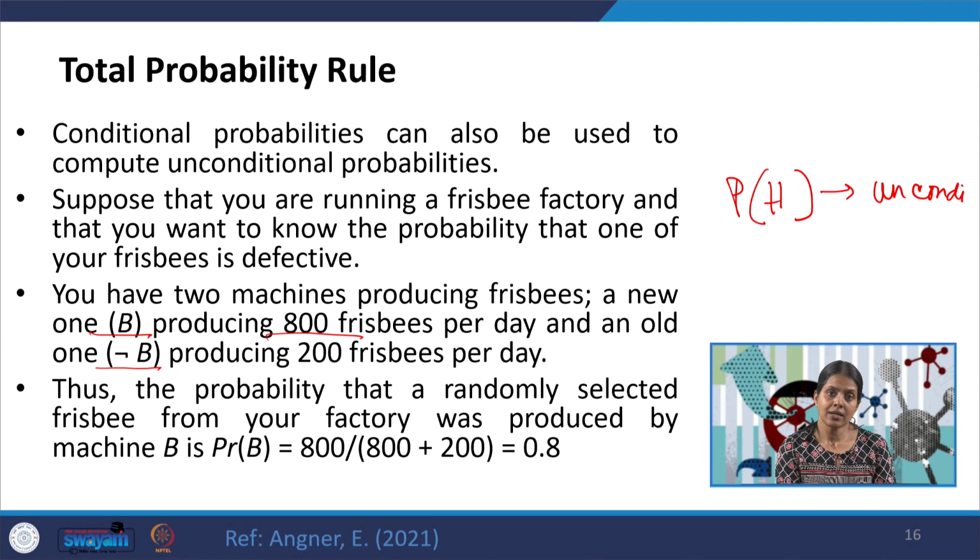Thus, the probability that a randomly selected frisbee from your factory was produced by machine B is 800 divided by 1000, of which 800 is produced by machine B and 200 by not B, the old machine, which makes it 0.8. A randomly selected frisbee will be produced by machine B with a probability of 0.8.